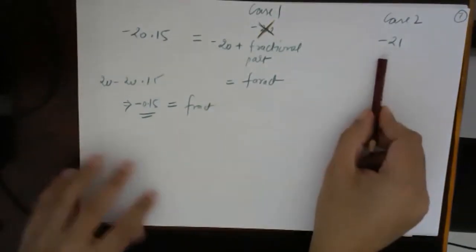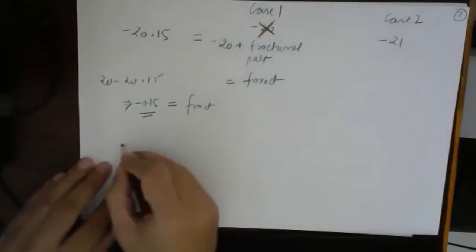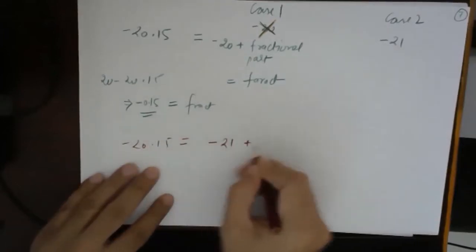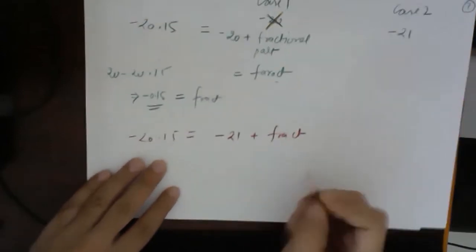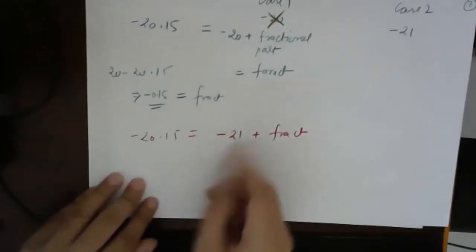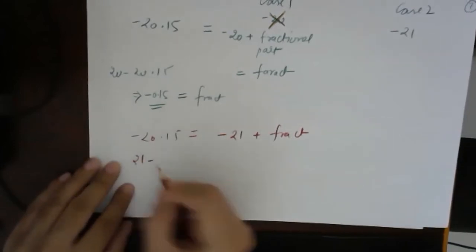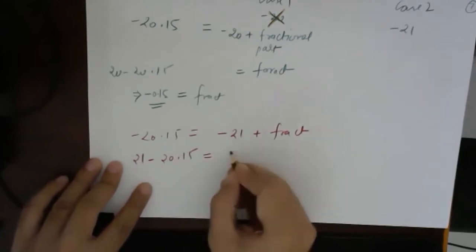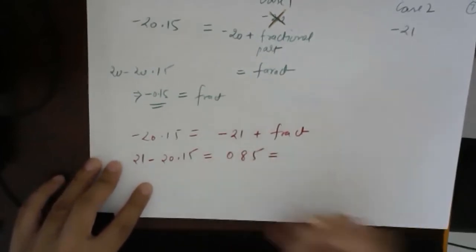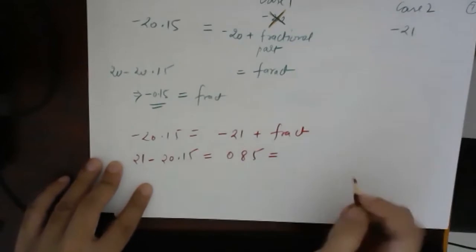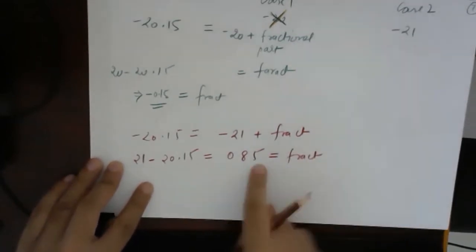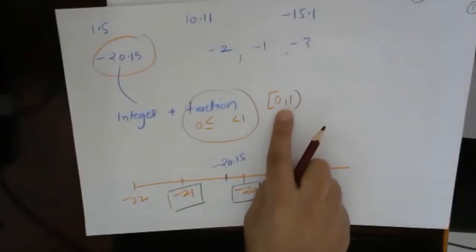Let's take case 2. Let's say that minus 20.15 is equal to minus 21 plus some fractional part. I will take minus 21 to the other side, so this becomes 21 minus 20.15, which is 0.85. So 0.85 is the fractional part. Now, is this 0.85 in this range?